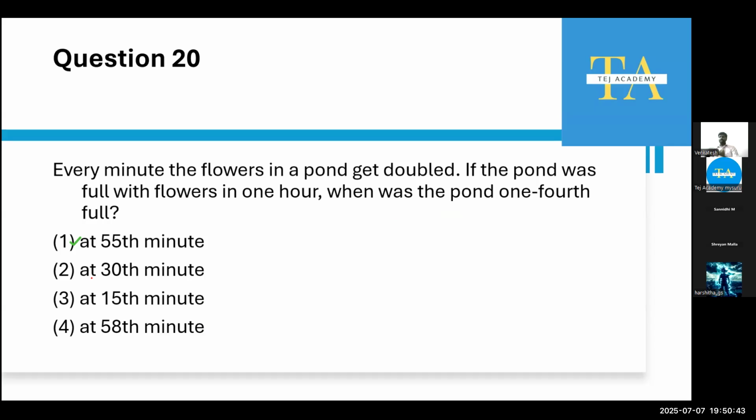It will be double, 60 into 2, so how much? 120 minutes. In these 120 minutes, the pot will be 1/4 filled, so 120 into 1/4. So the 30th minute. So it is option B, option 2, not A.